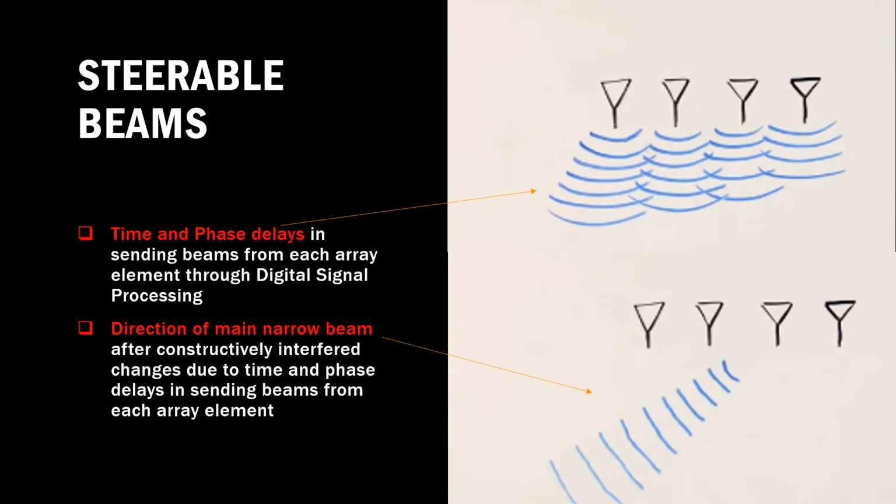As we have already discussed in the previous slide, after changing the phase, time, and amplitude of each one of the elements, we can easily get the resultant vector sum of the induction field or the main lobe in other directions through digital signal processing.